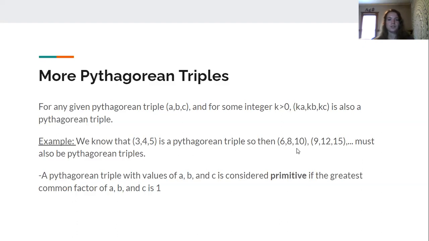However, if we look at the Pythagorean triple 6, 8, 10, all three of those numbers are divisible by 2. So that means that it has a greatest common factor greater than 1, and thus would not be considered a primitive Pythagorean triple. And it's the same thing with 9, 12, and 15. They're all divisible by 3, not a primitive Pythagorean triple.